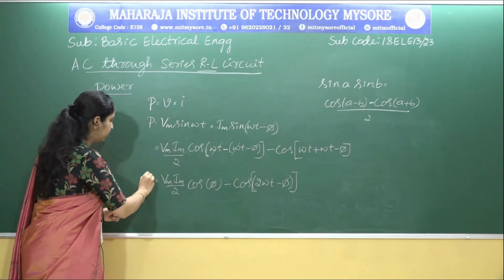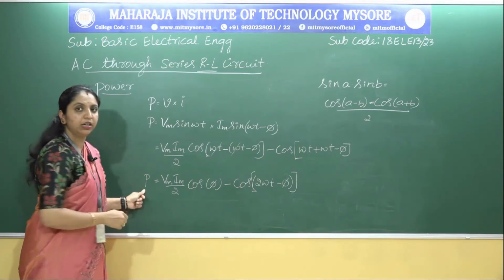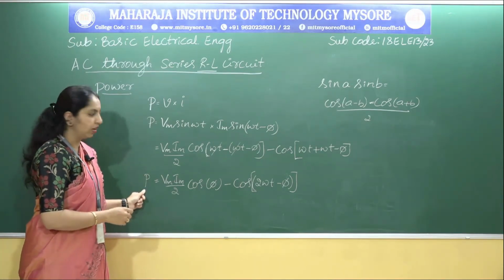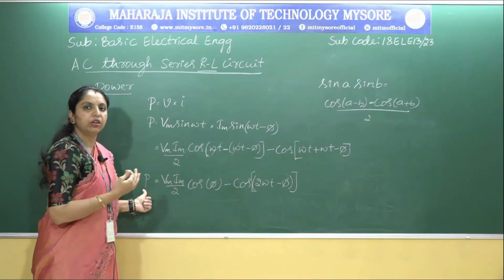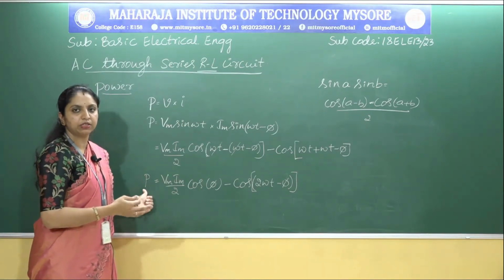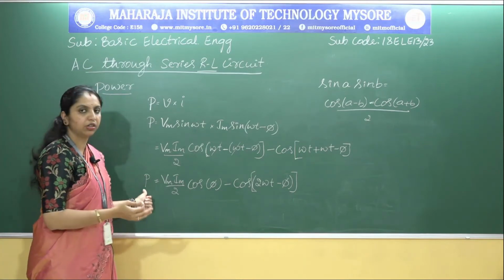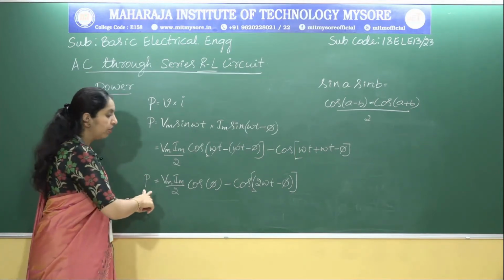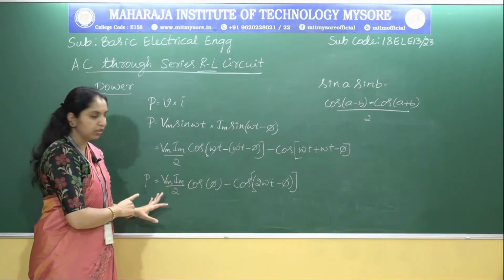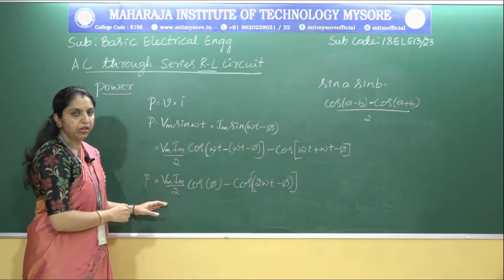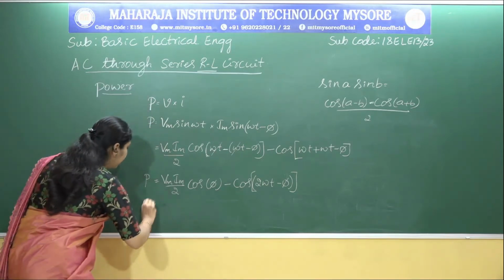So we have taken the instantaneous power initially. Now to find the average power, as I have already mentioned for pure inductive, capacitive or resistive circuits, whenever we take the average power, this equation should be integrated.